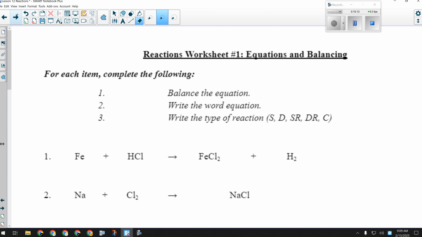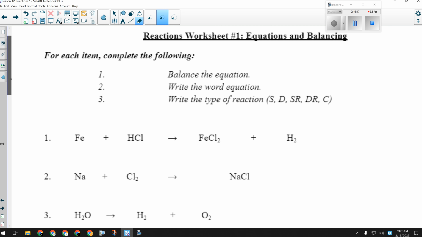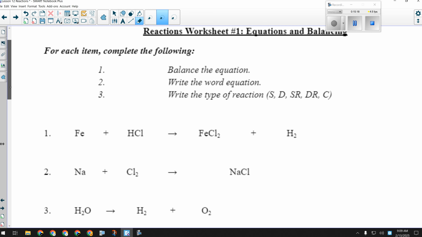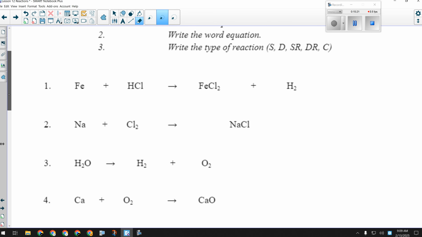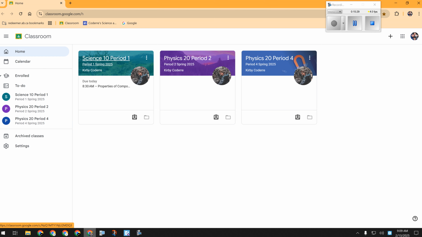Okay, in your workbook, you will find this sheet. Okay, so it's a lot like what we were doing yesterday. And just so you know, if you're wanting to do some of these at home, okay, the keys for all of the worksheets in the workbook are in Google Classroom.